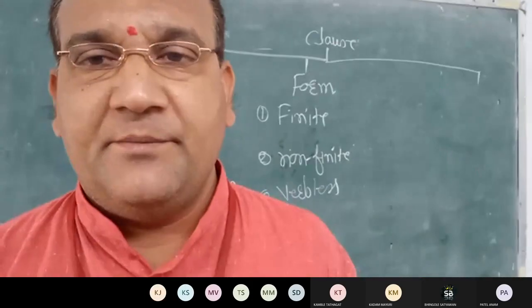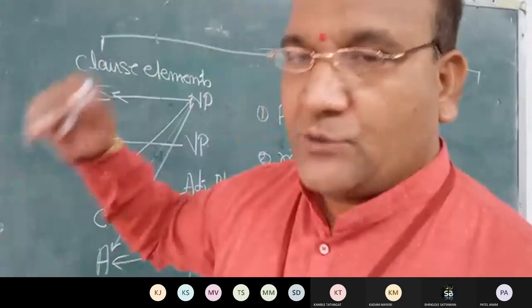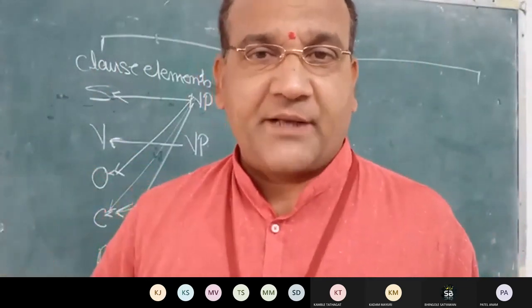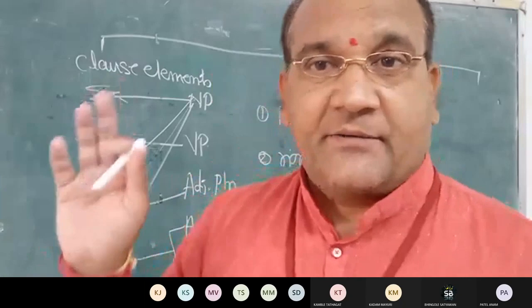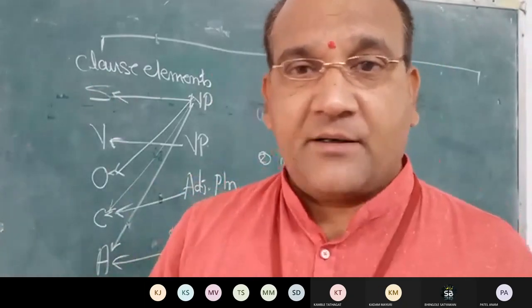Next two, V-ed2 and V-ing and to V, are non-finite. Now V-ed2 without have or V-ing without be are non-finite.